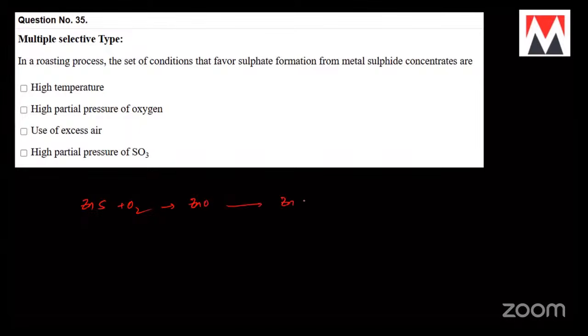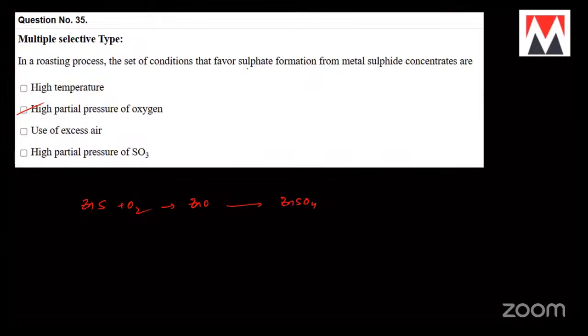This will be converted into ZnSO4, like an electrolyte medium. So you need high temperature, high partial pressure of oxygen. You need more oxygen to completely convert it to zinc oxide. Oh, okay, sorry. You need high temperature for ZnS to convert into ZnO, but for ZnSO4 formation, you don't require high temperature.